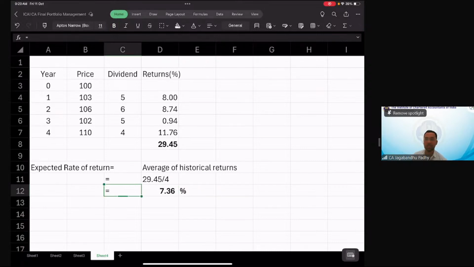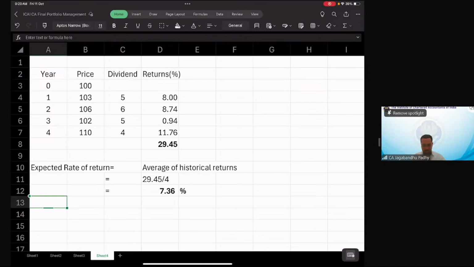Now, how do we measure the risk in this security, guys? Tell me. Yeah, how do we measure the risk? Same, the standard deviation, guys. We have to compute the same thing by calculating the standard deviation.